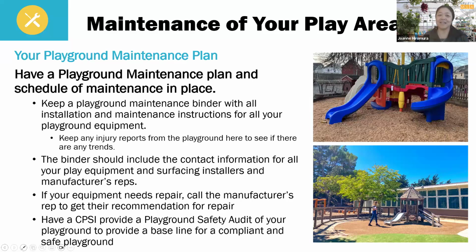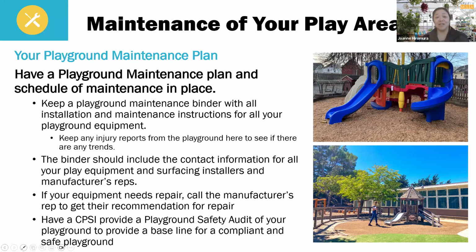Just as Karen says, maintaining your playground, having a binder with all the information about your playground equipment is really important. So in this binder, you have all your manufacturer's rep contact numbers when you purchase the equipment. Probably for licensing, you also need injury reports.